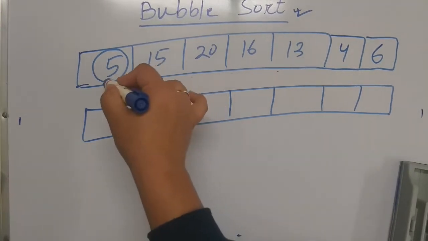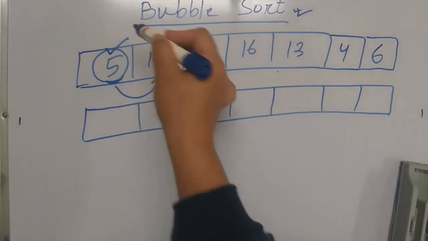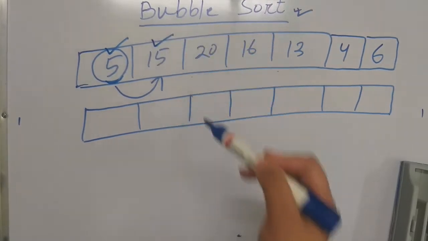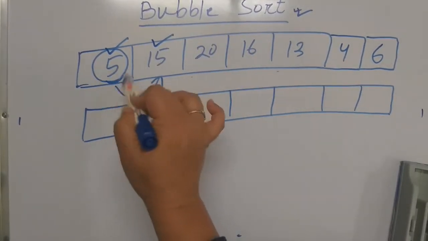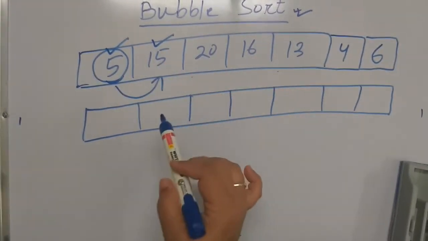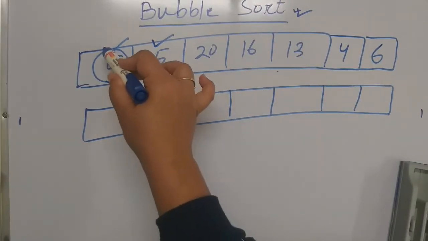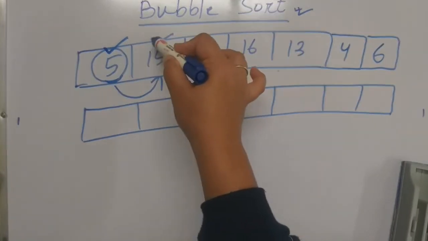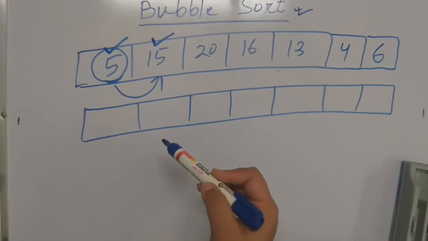Here the first value is the smallest and the second value is larger when we compare, so we do not do any interchange. Why? Because this is the smallest value and this is the largest value.